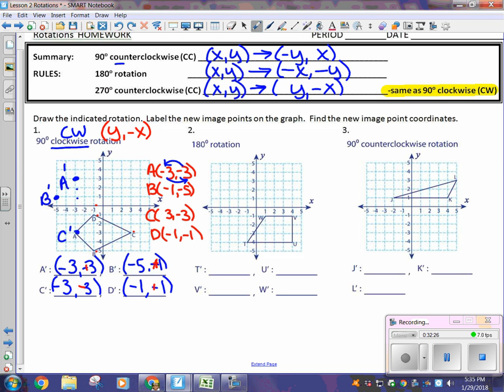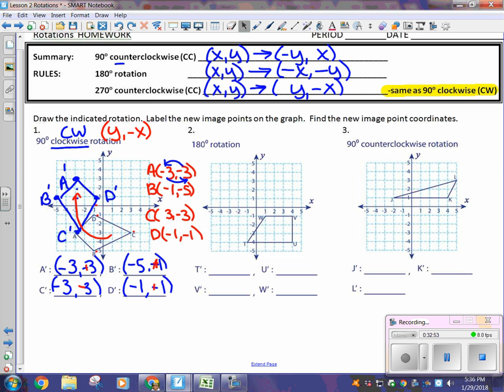And then I should have -1, -1, +1. -1, +1. Boom, boom. That would be D prime. Boom, boom. Does it look like this picture went 90 degrees clockwise? Well, if you compare, and it looks like this right here, it went right up there. Yes, it did go 90 degrees clockwise.